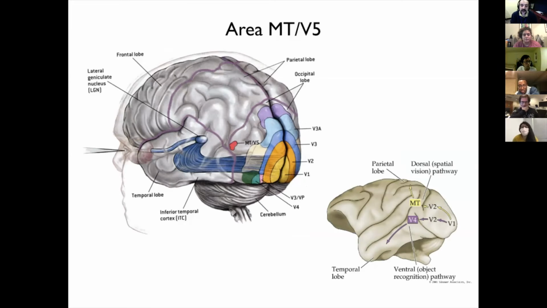And that is area middle temporal. Area MT stands for middle temporal, or in macaques we call it area V5, which is the equivalent of the area in humans. And if you look at it, it's sort of here in your head. In the macaque, it's kind of a similar position.